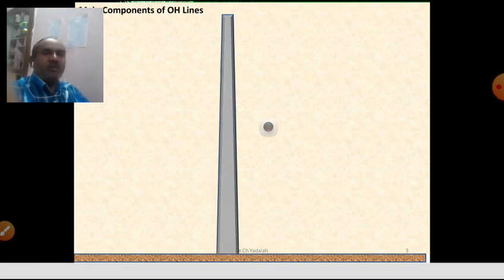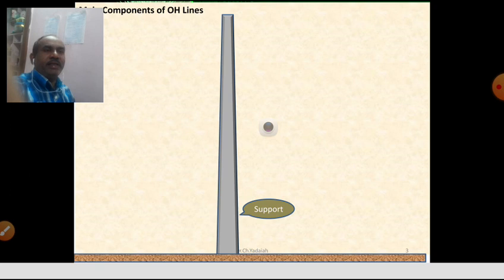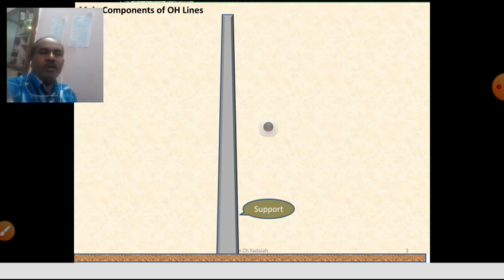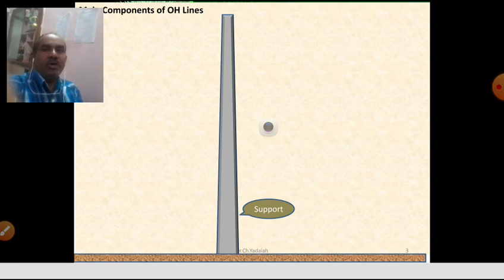Now, once again we can recollect what we have seen last class. This is the structure, support, pole. These poles are of different types. Now we are going to estimate the lines in secondary distribution lines.